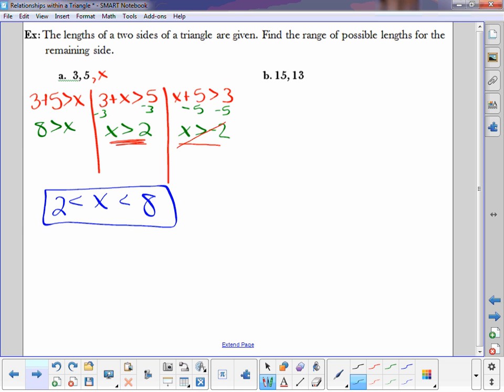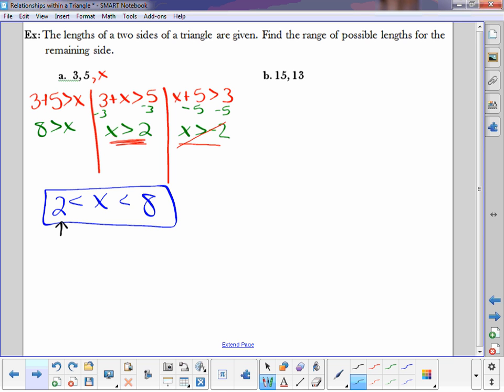If x was my smallest side, we kind of already talked about this, we know that it has to be at least 2, right? Because 3 plus 2 gives me 5. Or another way of saying it is 5 minus 3 is 2. So it must at least be bigger than 2. Does that make sense? For it to be the small side, it has to be at least bigger than 2.